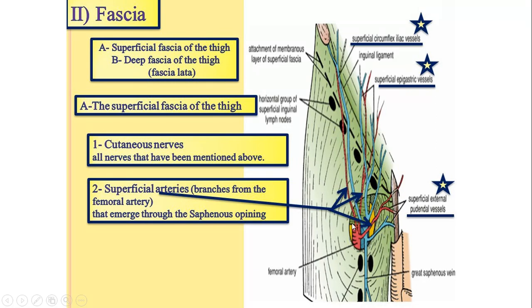And here are the branches of the femoral artery, which are similar to those of the superficial veins: the superficial circumflex iliac artery and vein, superficial epigastric artery and vein, and superficial external pudendal artery and vein. So the fascia is basically divided into two parts, superficial and deep.